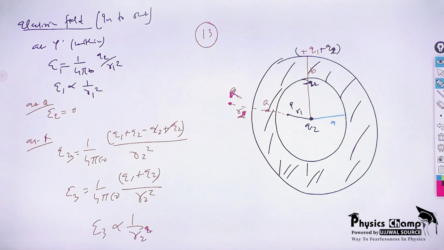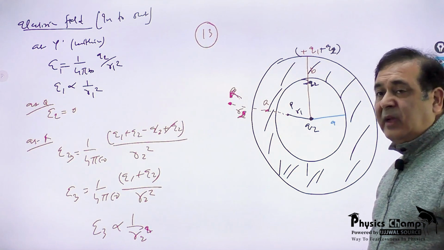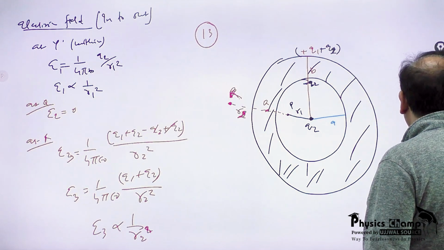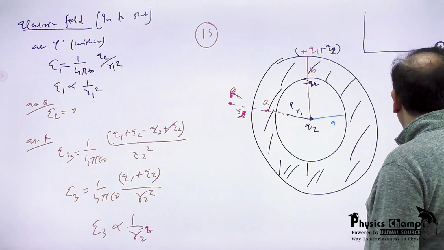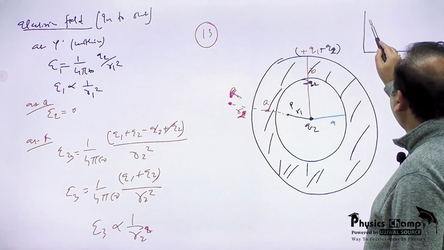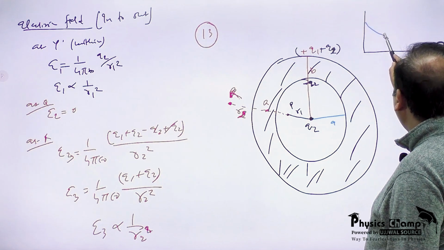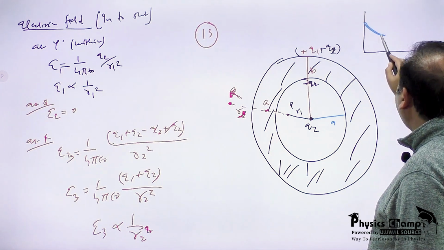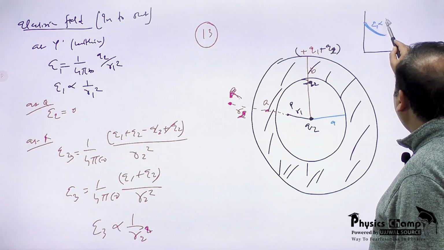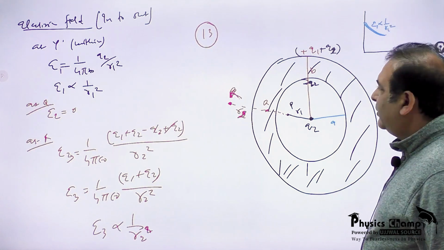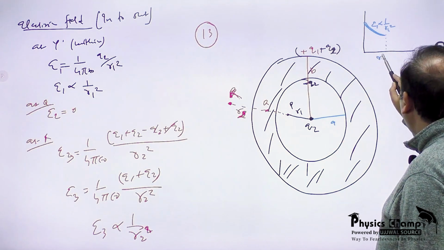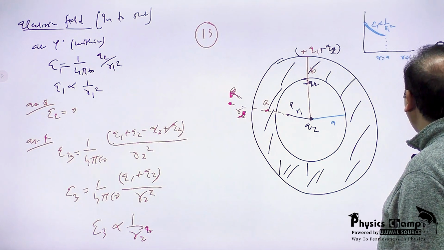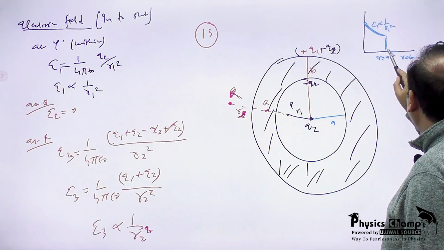So that's how you can show the electric field. If I plot the graph showing the electric field variation, for inside, the electric field has a value inversely proportional to R1 square. Then for the conductor from R equal to A to R equal to B, the electric field has a value 0.